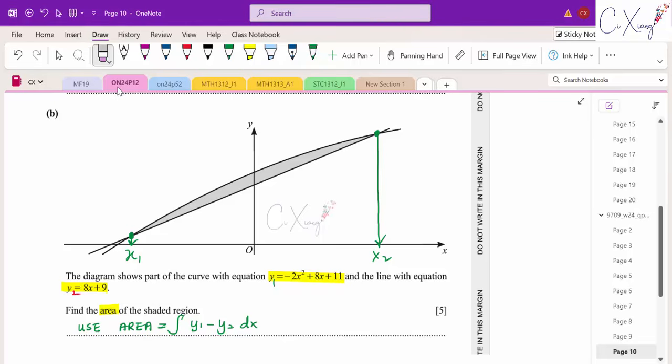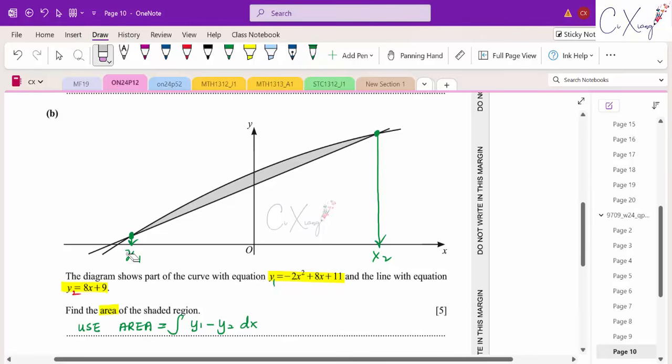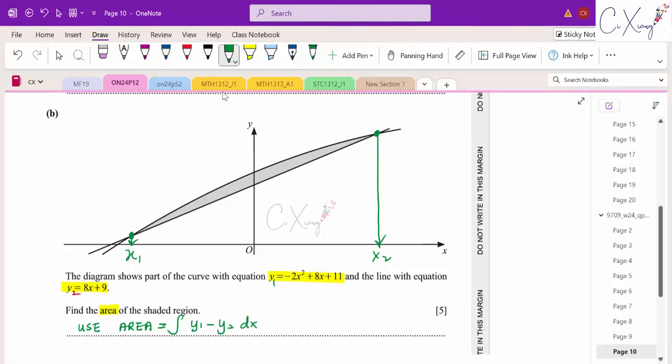Therefore, if you want to find the area, the very first step is you need to find the intersection points of this line and the curve. After that, only then can you apply them as the limits in the integration to get the area. Okay, so generally this is what we need to do for this particular question.